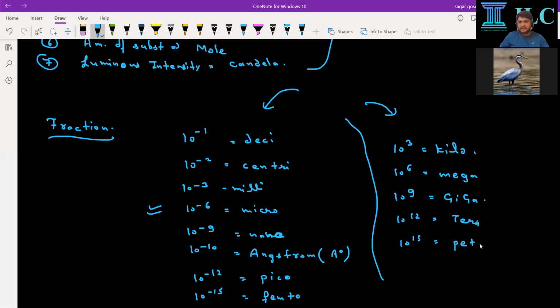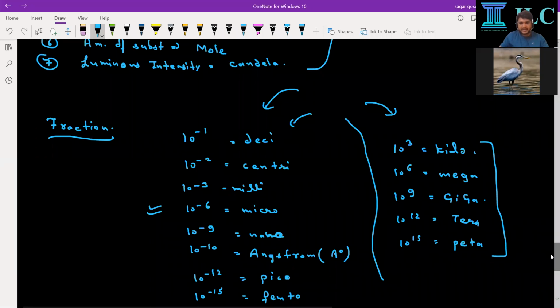These measure the large things, and the earlier ones measure the small things. These are the subsidiary units, and you have to remember them, because in the calculation, definitely you will see all this in your numerical part. Now we are moving to the main chemistry.